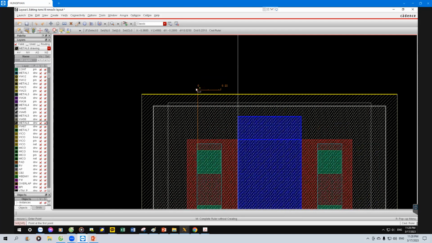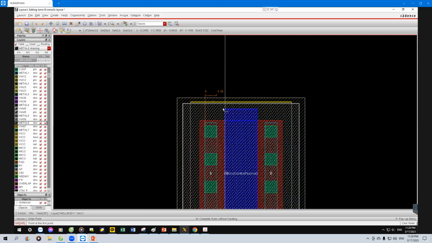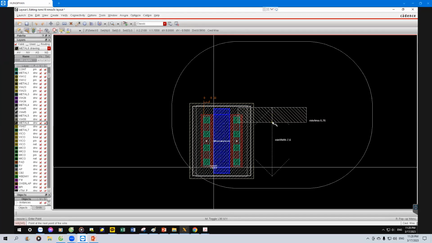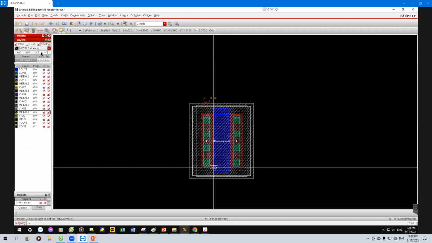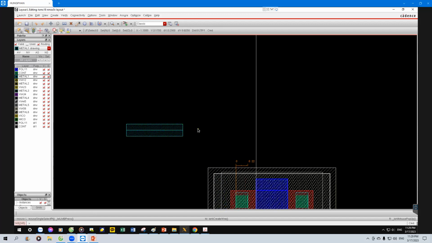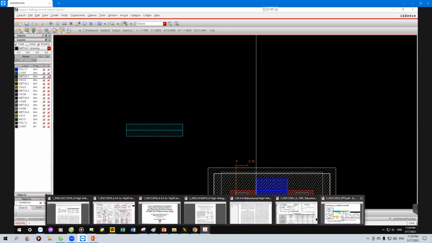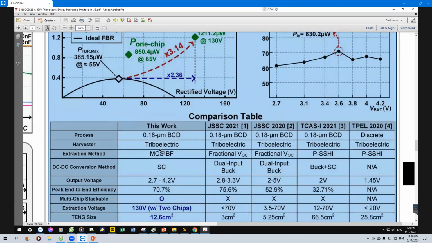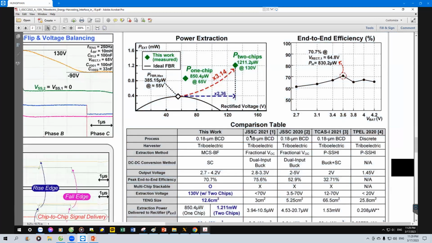So here is 0.22 micrometer. So the smallest part in your layout is 100 micrometer. Okay. The smallest size in your layout.